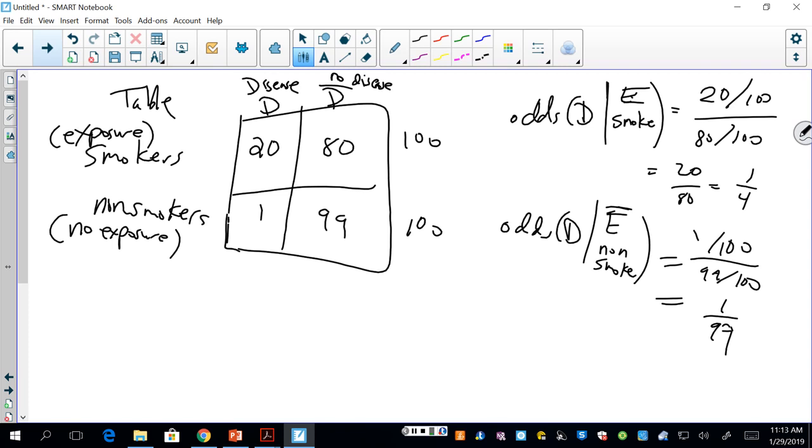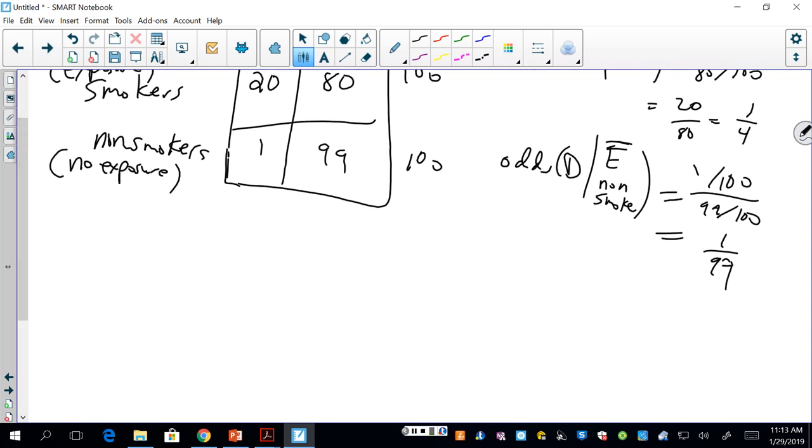So that's often captured in what's called an odds ratio. So this is the ratio for disease in the exposed versus in the unexposed.